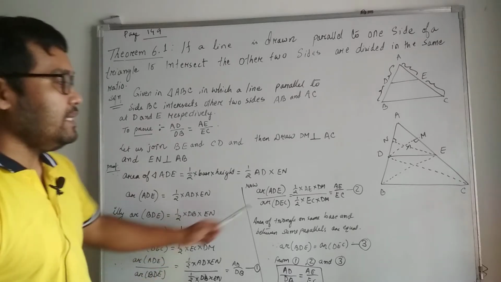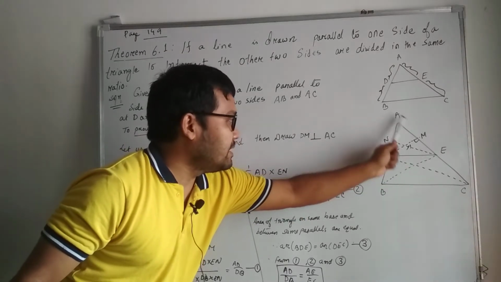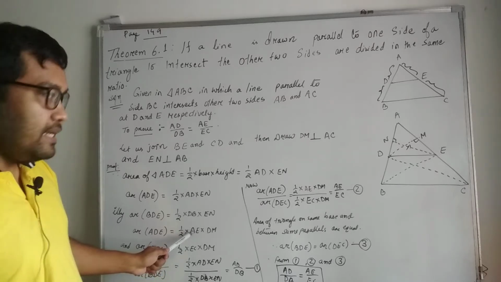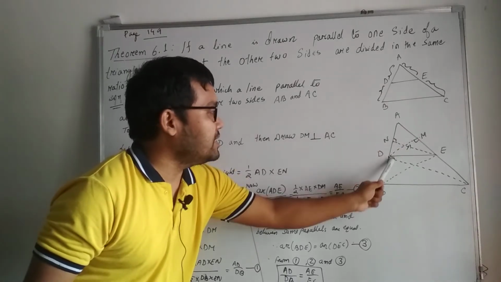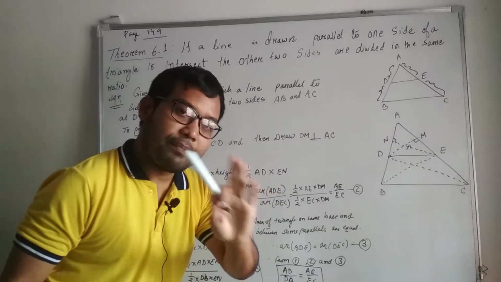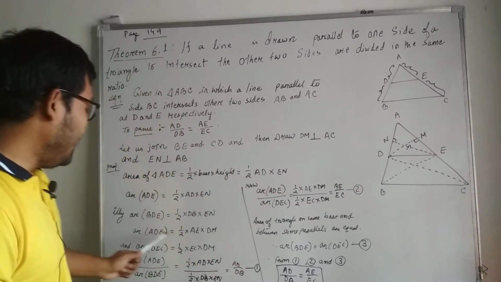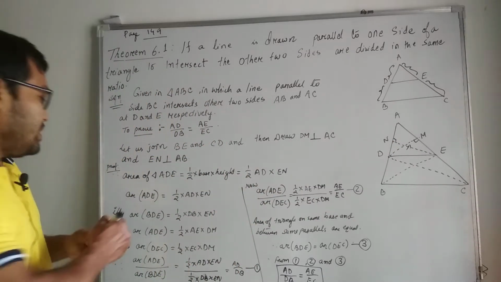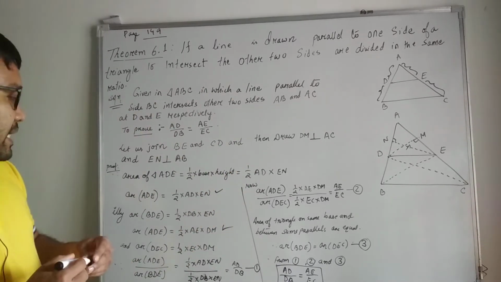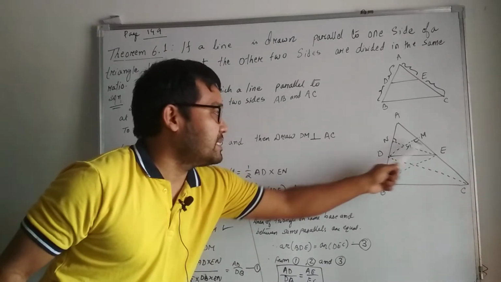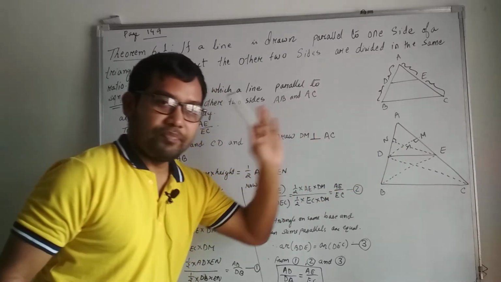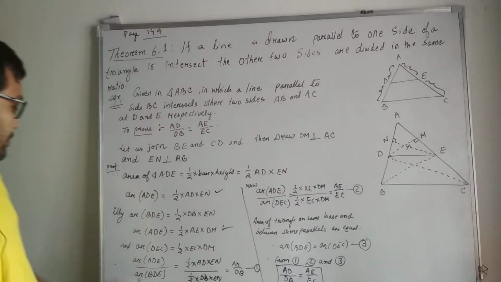Now we have taken the base as AE and the perpendicular as DM. Because ADE has two perpendiculars and two bases, we can take either, and the area will be the same. That's why for ADE we have this and this. I'm repeating again: one time we have considered EN as the perpendicular, and another time we are considering DM as the perpendicular.